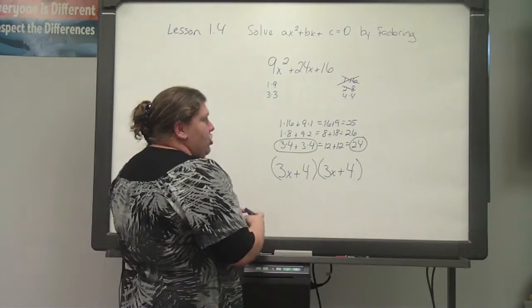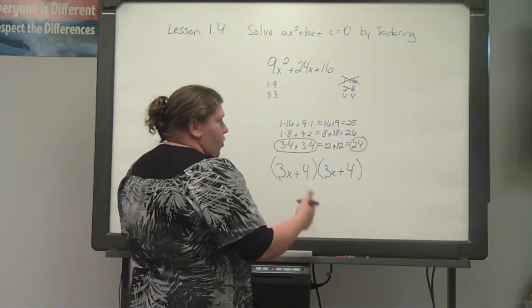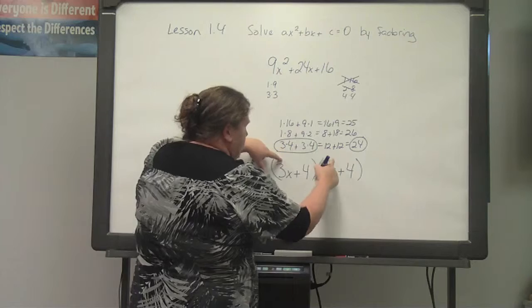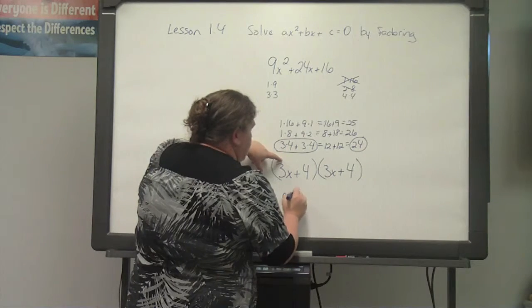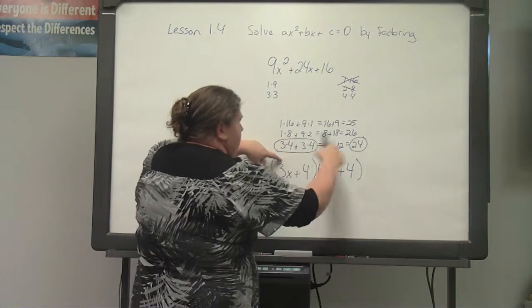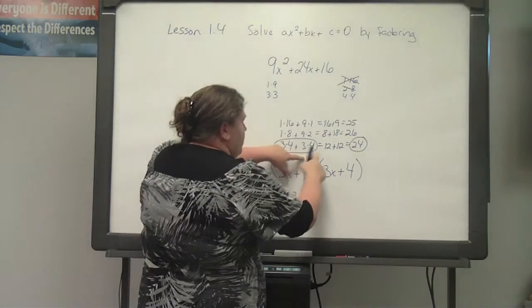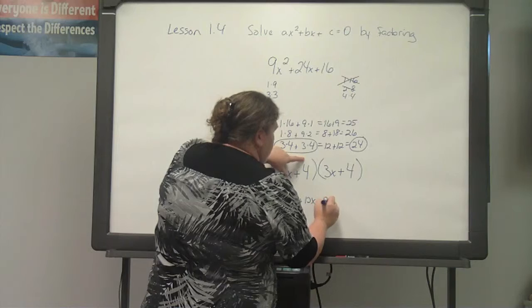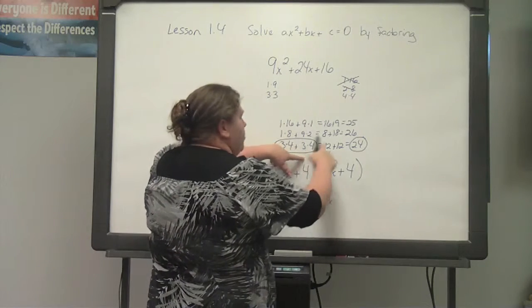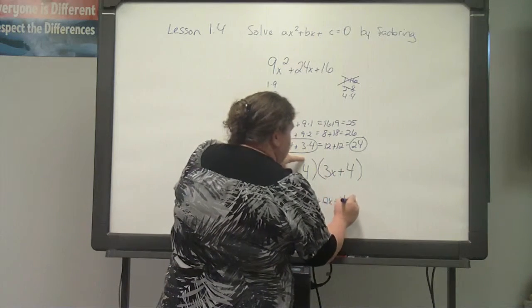Again, if you want to check your work, you can FOIL. 3x times 3x is 9x squared. 3x times 4 is plus 12x. 4 times 3x is plus 12x. And then 4 times 4 is my 16.